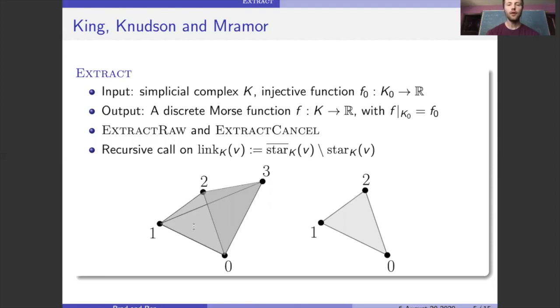What this figure is trying to illustrate is that for every d-dimensional simplex, there's a vertex such that the lower link is a (d-1)-dimensional simplex. So if we consider the tetrahedron, there's this vertex labeled 3, and the lower link of this vertex is the entire triangle. So this recursive call can get expensive, again, especially for high dimensional data.